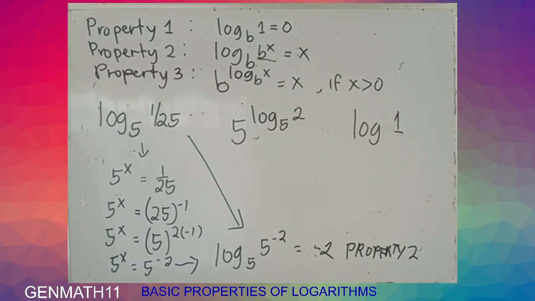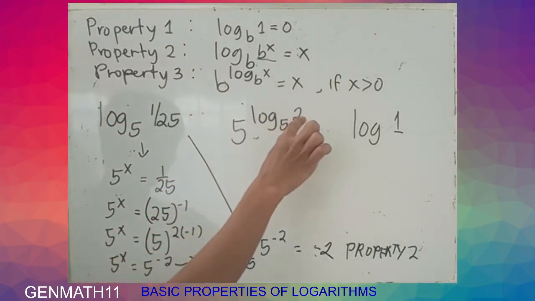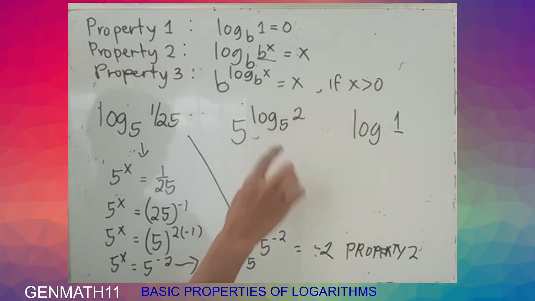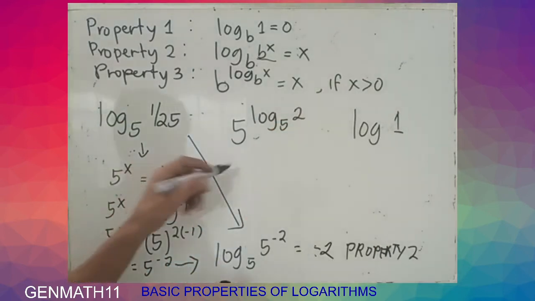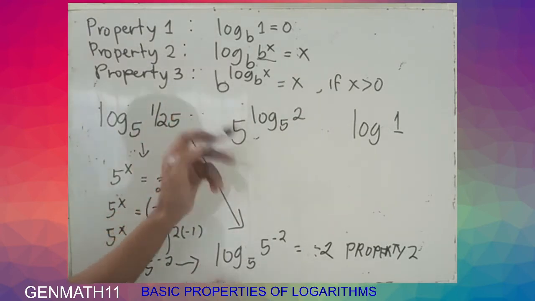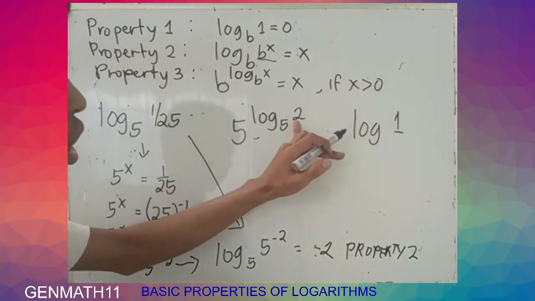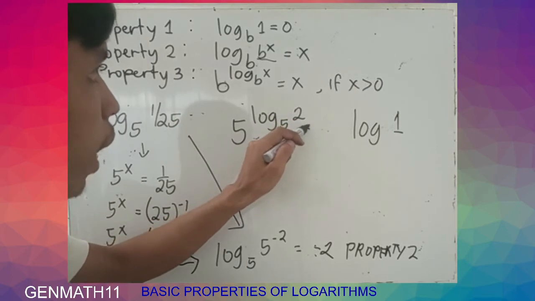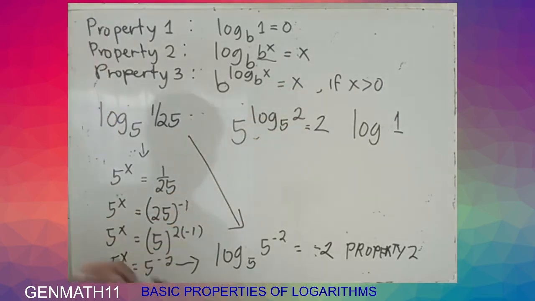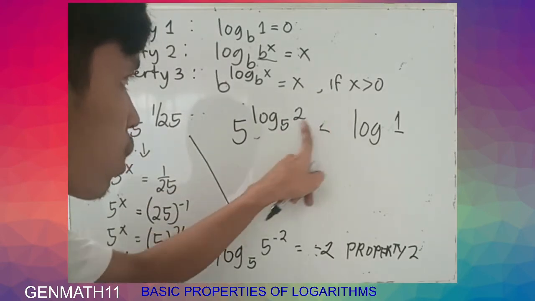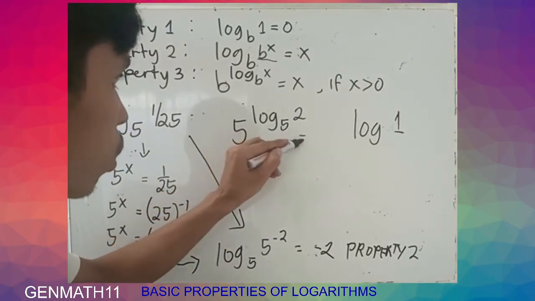Next, 5 raised to log 2 to the base of 5. So it will be property number 3. Since yung x natin dito is greater than 0, ang equivalent niya ay yung value ng x natin, which is 2. Ay, sala. Since nasa exponent nga pala siya dapat dito.